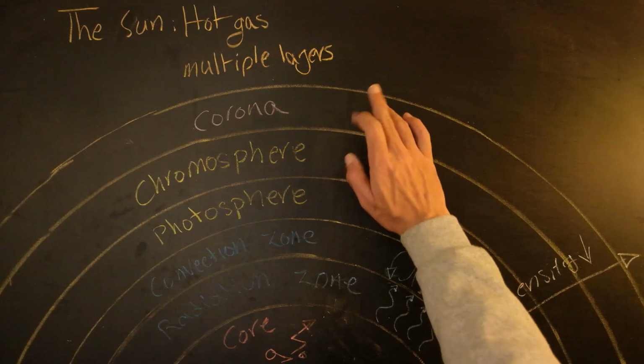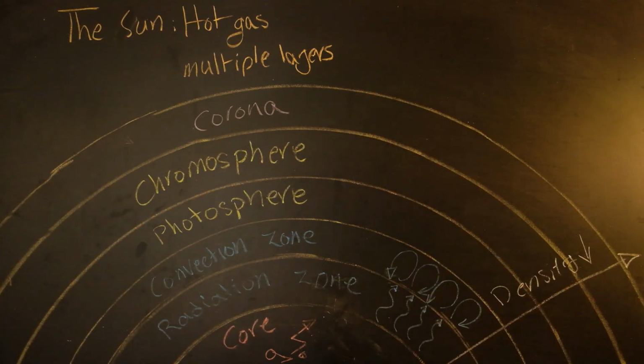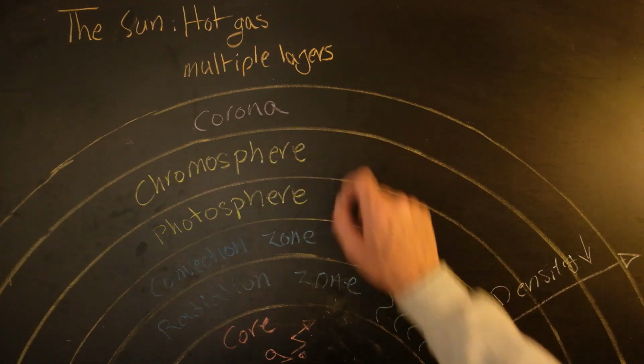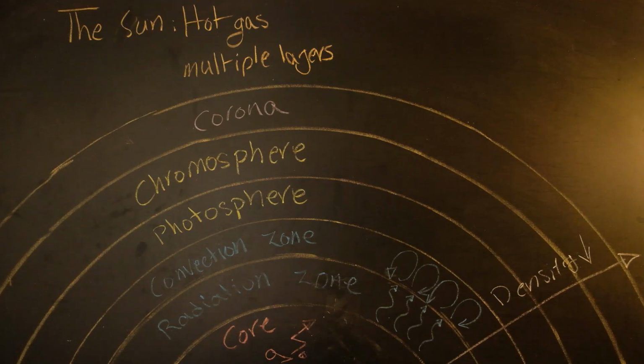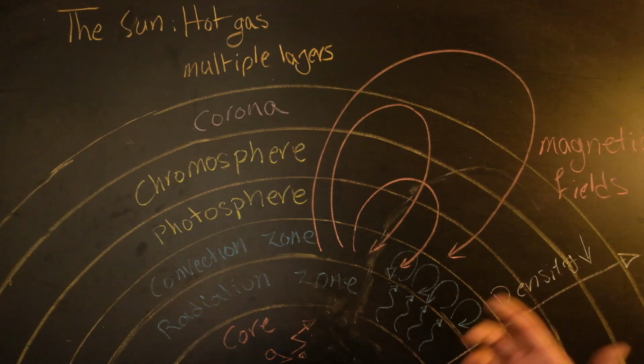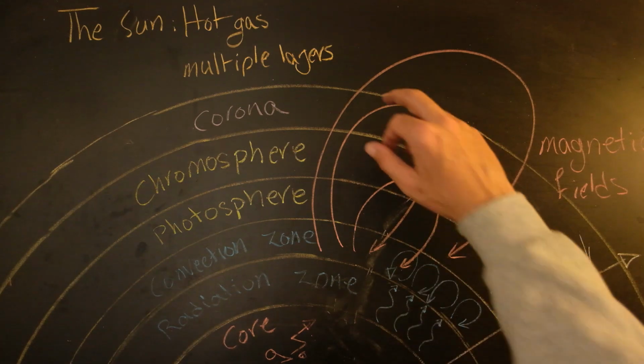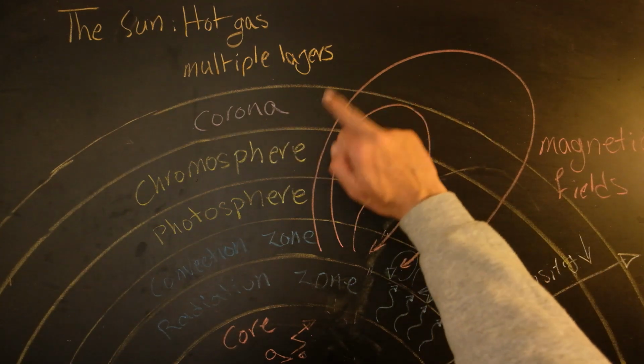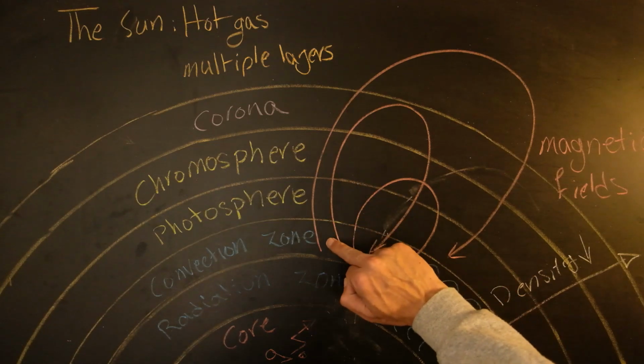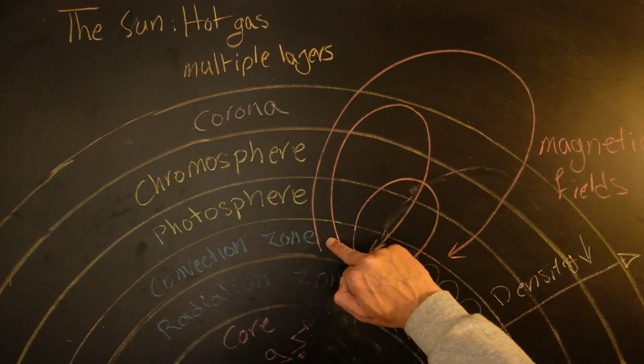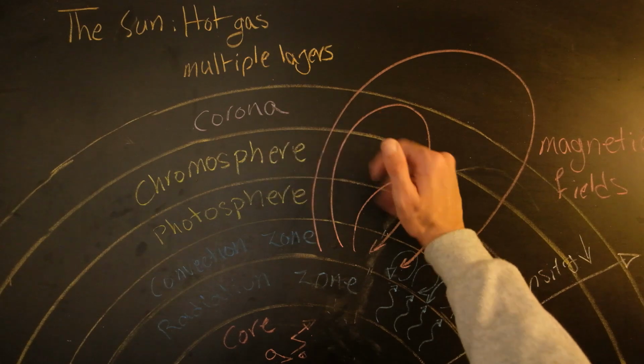It looks strange, but in order to explain this jump in temperature, we need to understand the magnetic structure. Corona is hotter than chromosphere, photosphere, and convection zone, but we don't expect this high temperature.